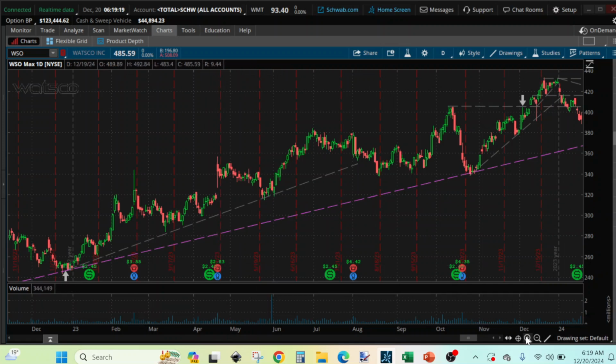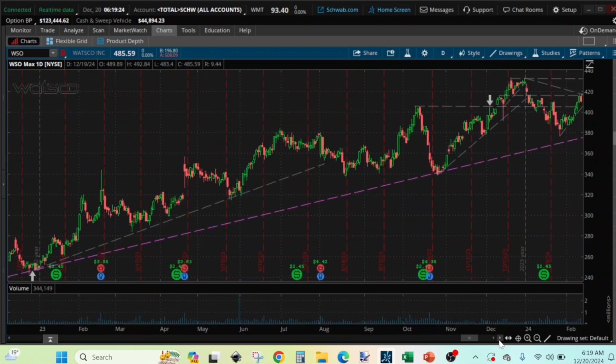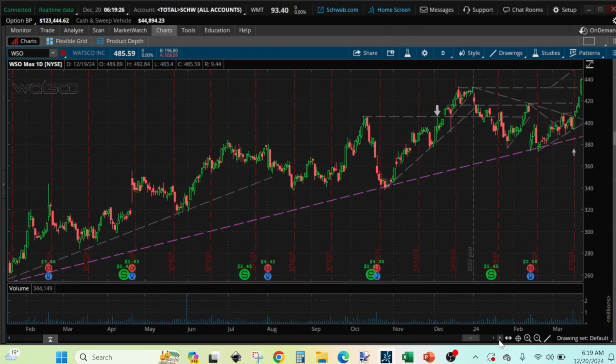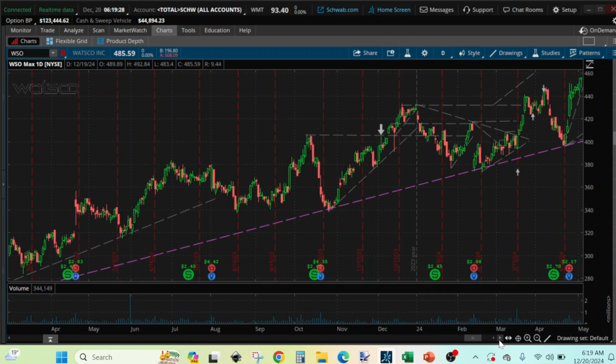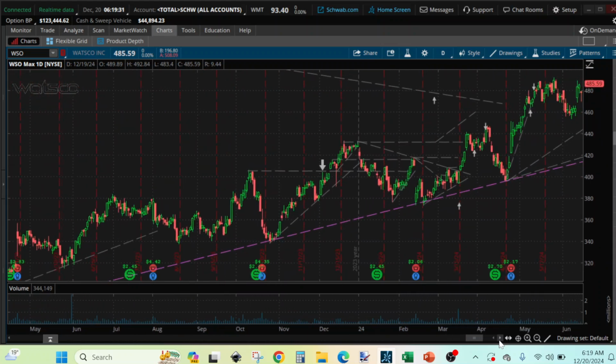And if we go to 2025, it touched base in October on that line.